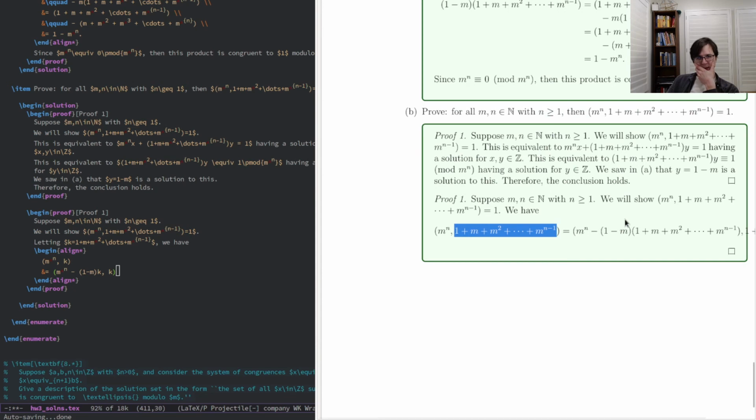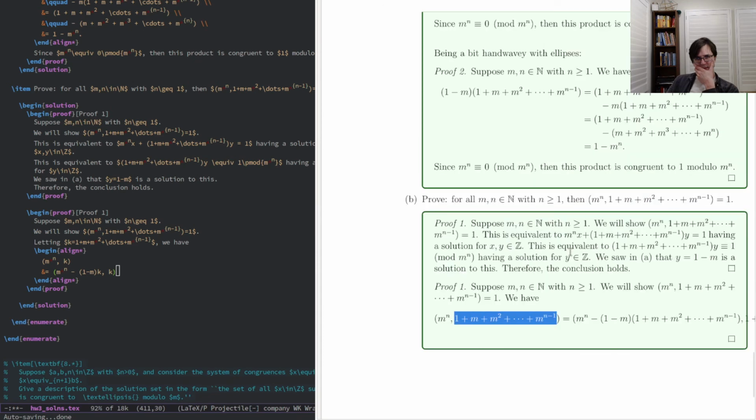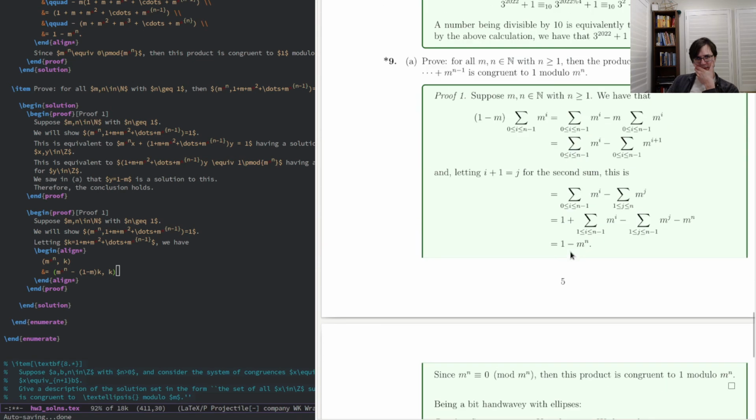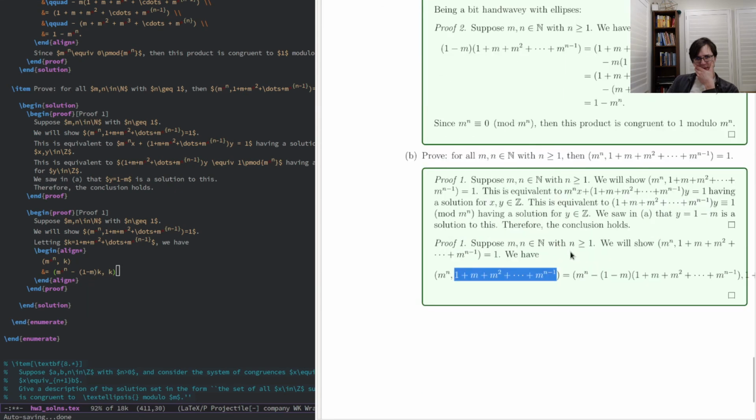So I'm not sure why I would add this to that side. So thinking, how is any other proof really going to be fundamentally different from the first one?